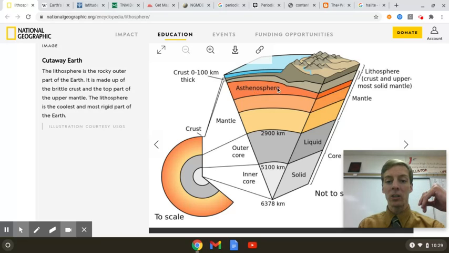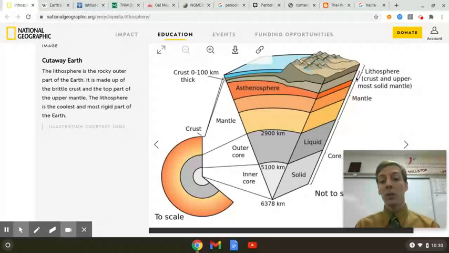That's the first thing that gets a new name. This is an area of partially molten rock right below the lithosphere. The lithosphere includes the crust, which can be thin under the ocean or thick under a continent.